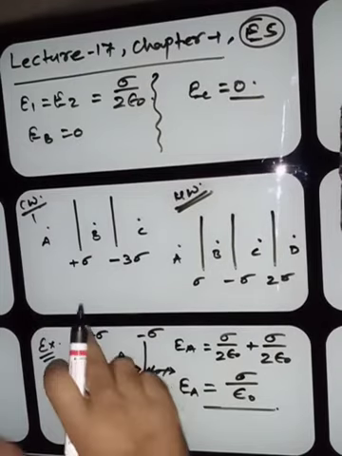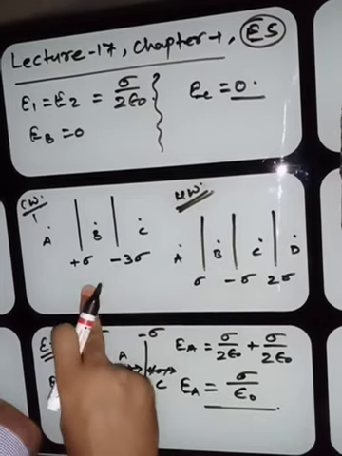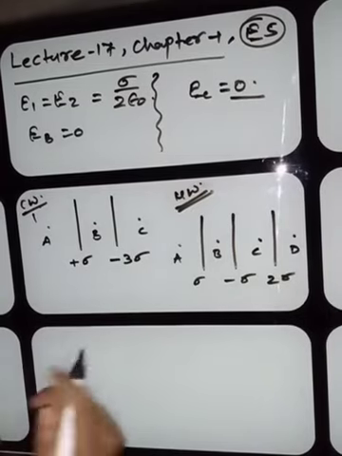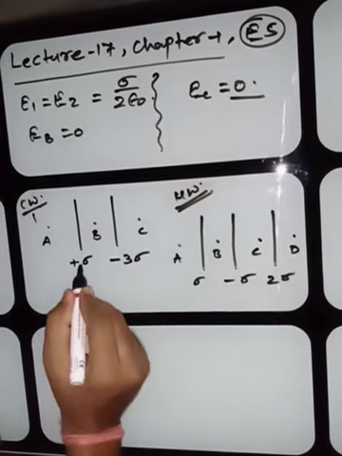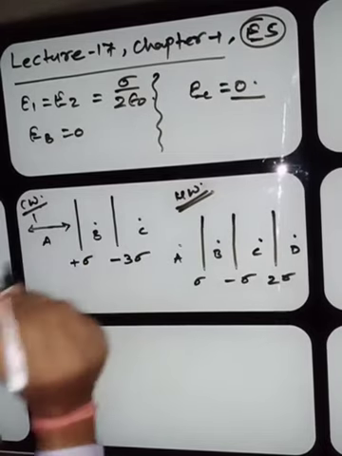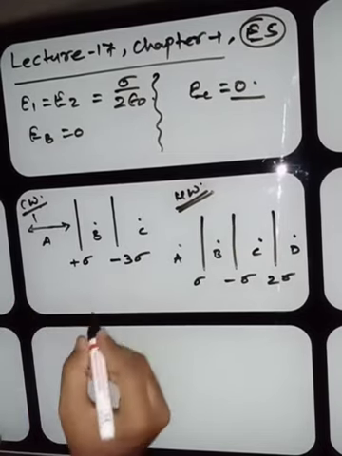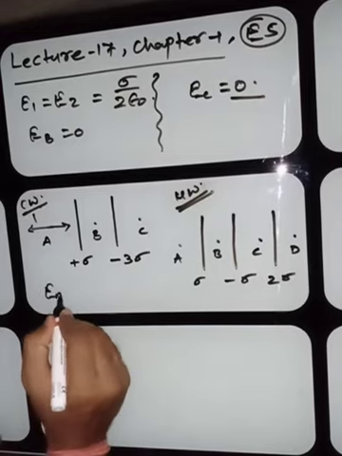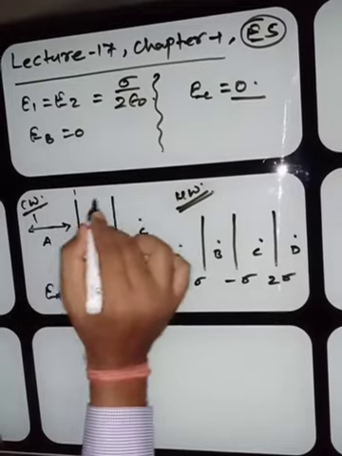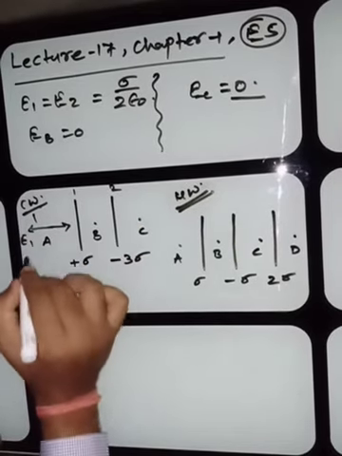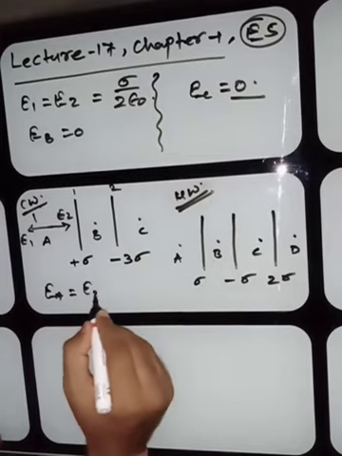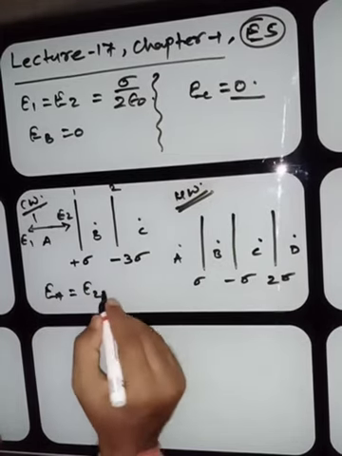What will be the answer of this question, students? Okay, now I'm solving this question. Here at point A, due to the positive plate, the electric field will be in this direction. Due to this negative plate, the electric field will be in this direction. So the electric field at A is due to plate 1 and plate 2, E1 and E2. E2 is in the positive direction.